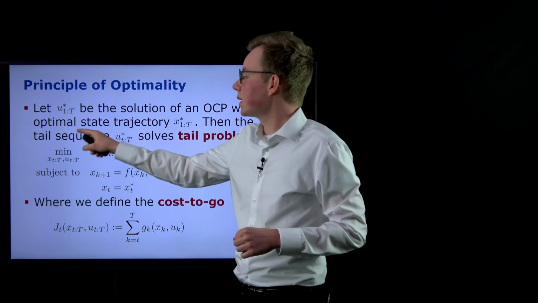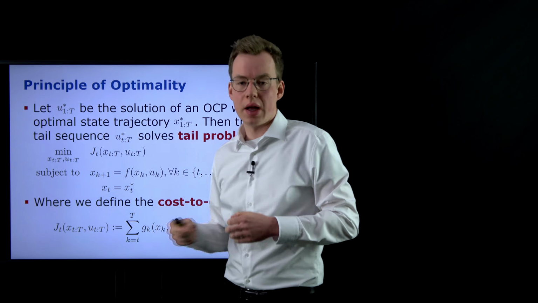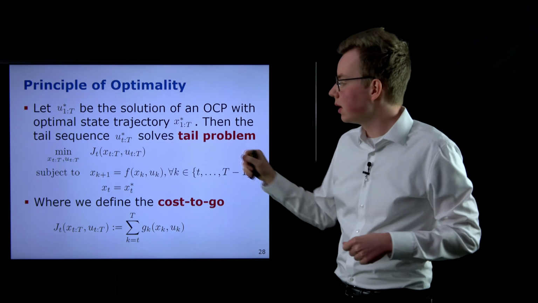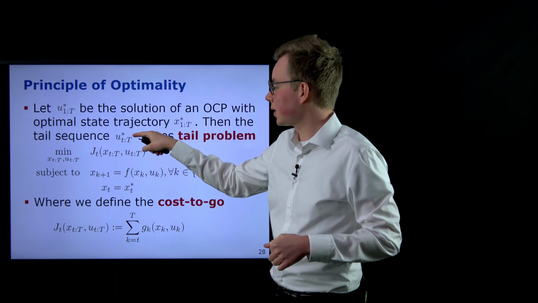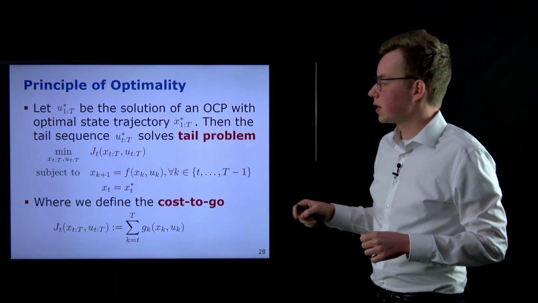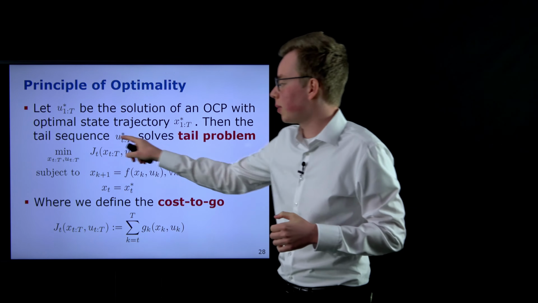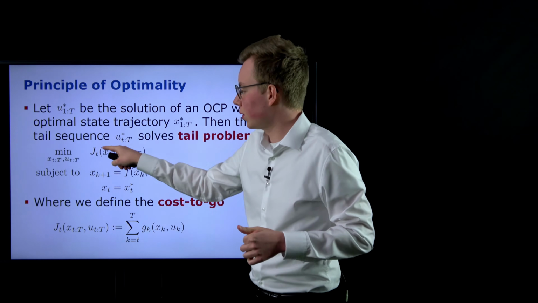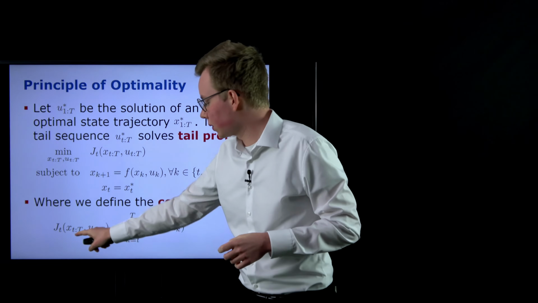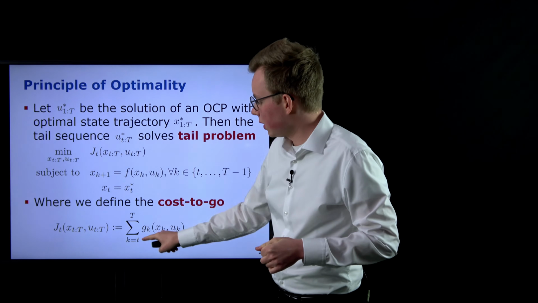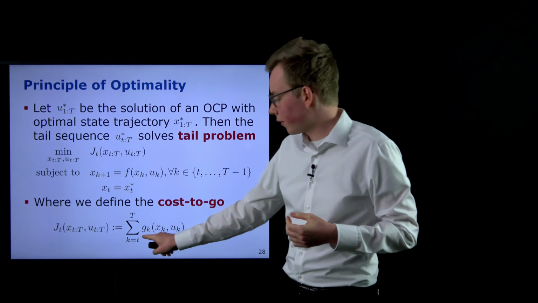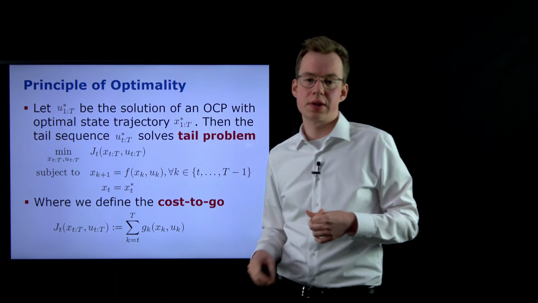Then any tail sequence of this original control sequence, starting at some intermediate time step, small t, to capital T, will also be the optimal solution to this tail problem over this cost to go J_t, where the cost to go J_t is just the stage cost summed up starting from small t to capital T.